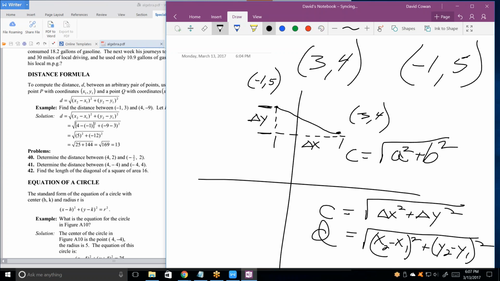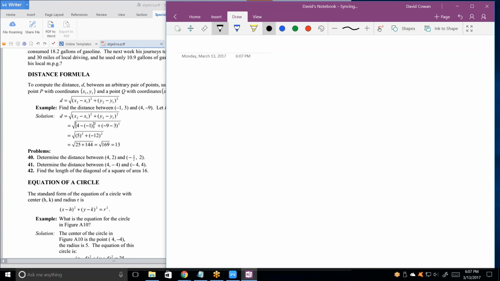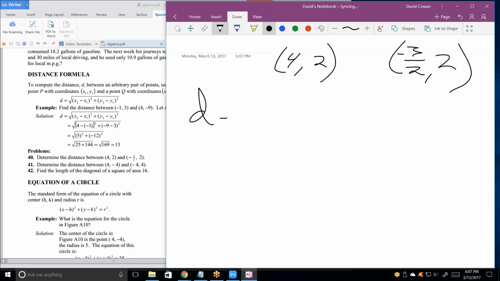Okay? So let's do number 40. The 2 points are 4, 2 and -3/2, 2. So the distance between them. And let's always start out math problems with the general formula. What's the general formula?